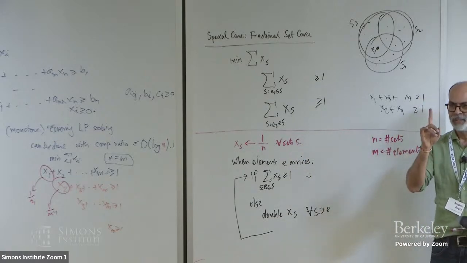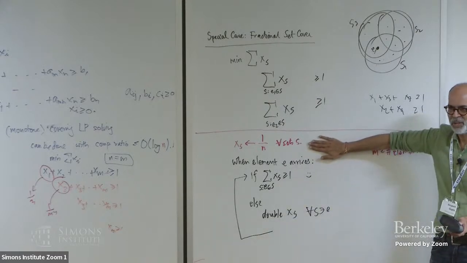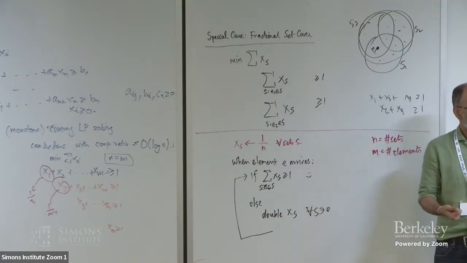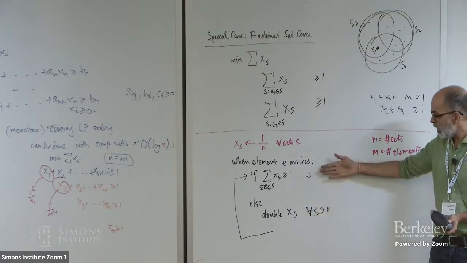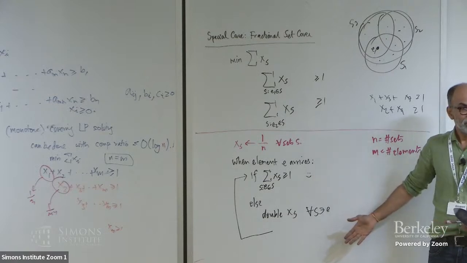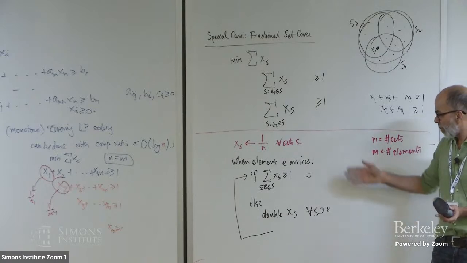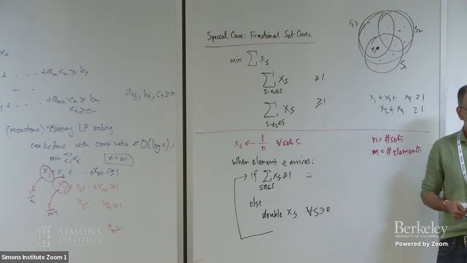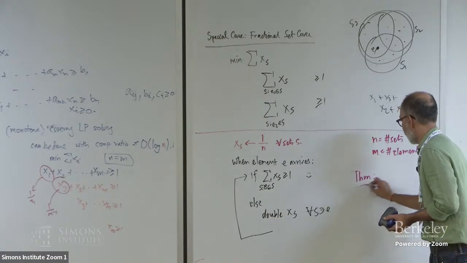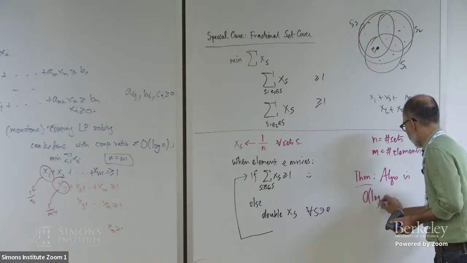In total, I've paid 1. Maybe it's an additive loss of 1. We can get rid of this. This is not important. And then whenever an element arrives, I double. And I double again, and I double again until the constraint is satisfied. And then I go on. So that's my algorithm. And how do I analyze? My theorem that I want to say is that this algorithm is order log n competitive.